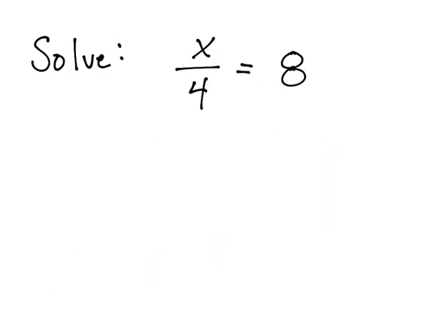Let's do another one. Solve x divided by 4 equals 8. Okay, so again, I'm going to start with my line through my equal sign, and I'm going to take x divided by 4. Well, if I have division, the opposite of division is multiplication. So I'm going to multiply both sides by 4. Now, when you think about the left side, if you're multiplying by 4, that's the same as 4 over 1.